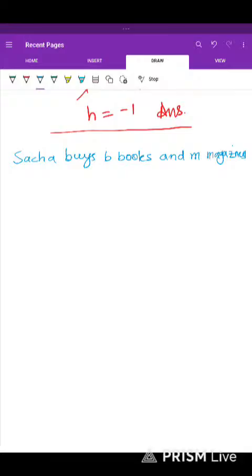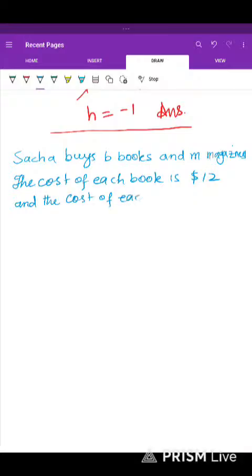So here we are, and this next question: Sacha buys B books and M magazines, right? The cost of each book is $12, and the cost of each magazine is $5.